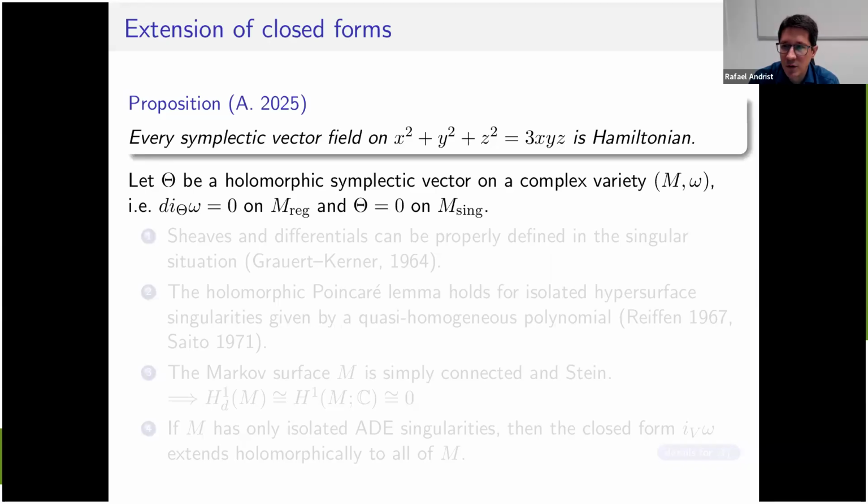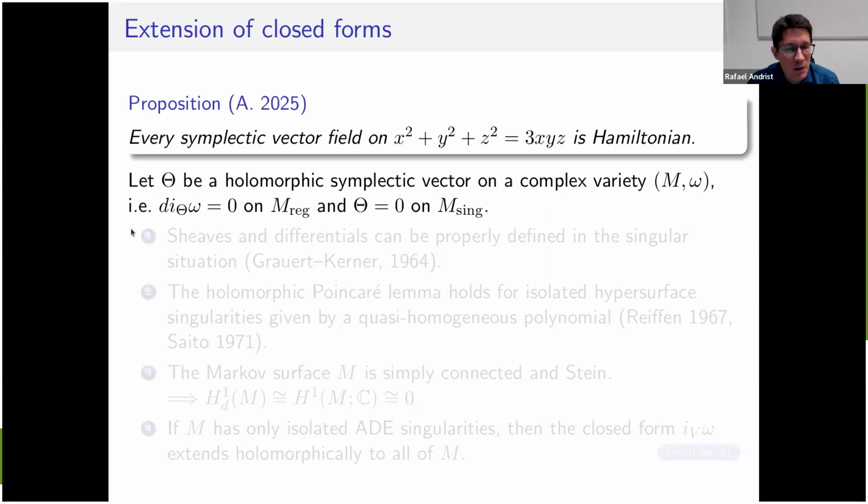And if you have a simply connected surface, you would expect that, well, every closed form is exact. And therefore, every symplectic vector field should be Hamiltonian. But there is a problem here, because what is a symplectic vector field? So there's a typo here. It should be a symplectic vector field.